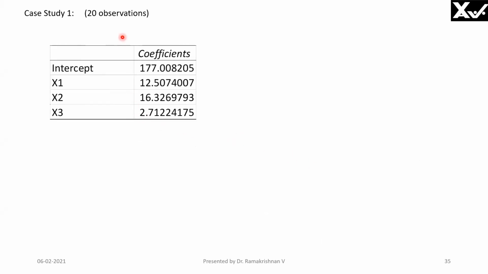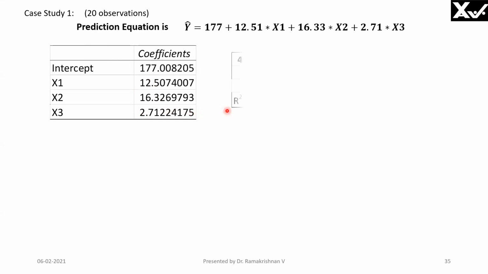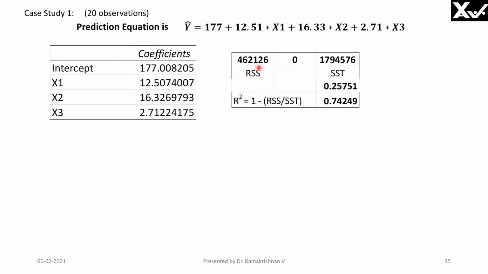We'll do it. Case study 1, the coefficients are here, prediction equation is there, and then RSS is obtained. How did we obtain? We found out the y bar, y observed minus y hat for all the observed values, added it. Here, y observed minus y bar, squaring it, obtained for all the values and added here.